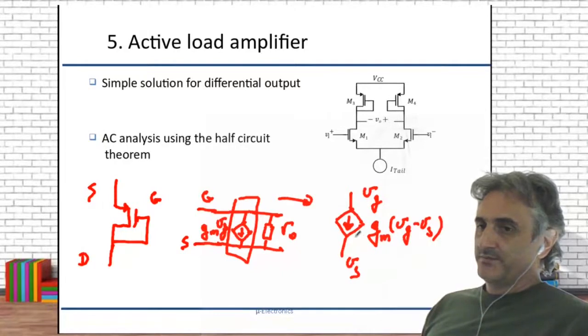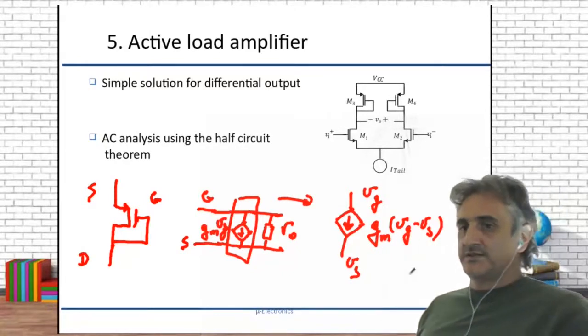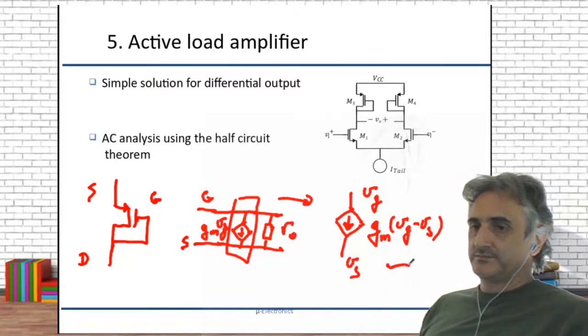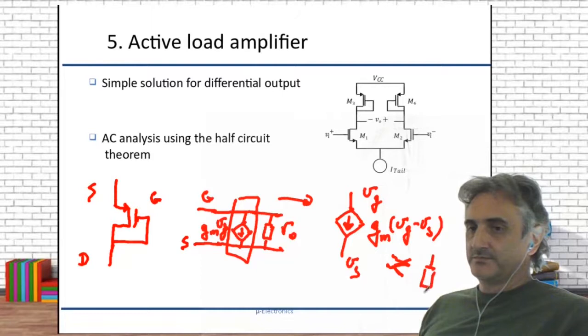And notice that this is equivalent to a resistor with value 1 over GM.